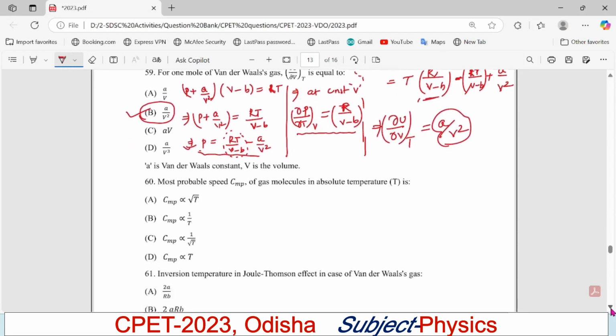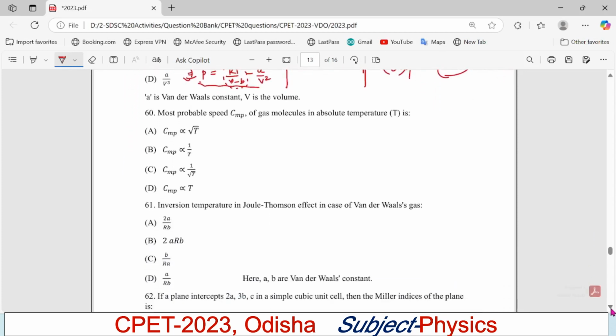Okay, next we are going to go for our next question. The most probable speed of a gas at absolute temperature T is dash. This is a very simple question. For that, you always have to remember the velocity distribution graph, the thermodynamical velocity distribution.